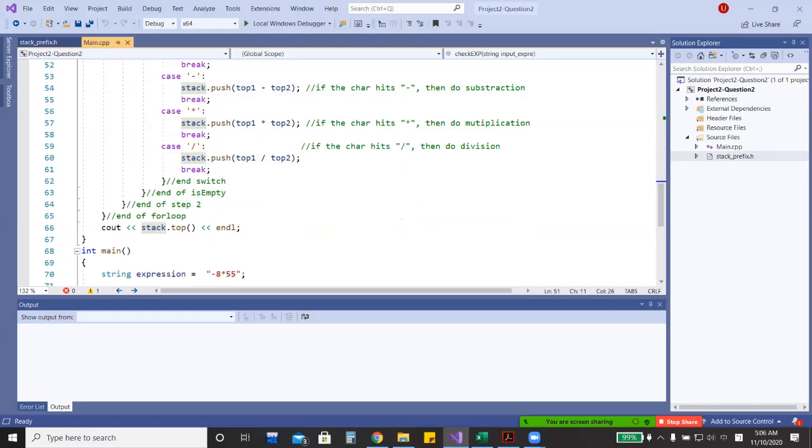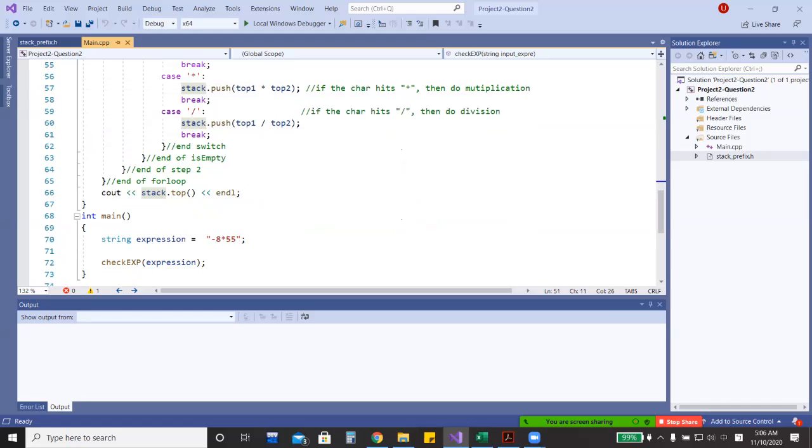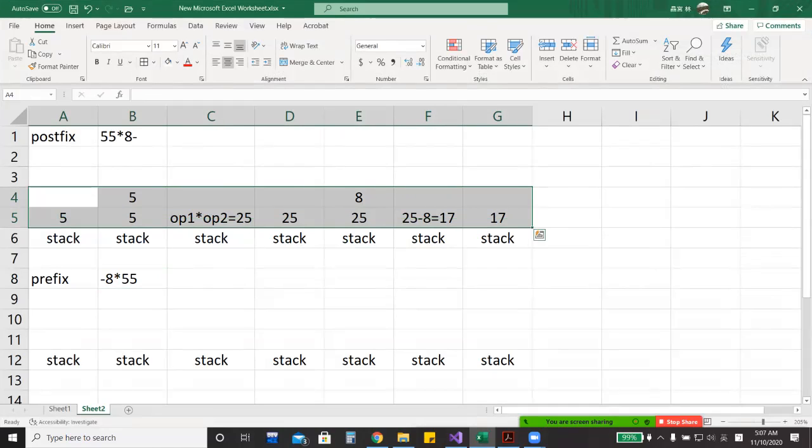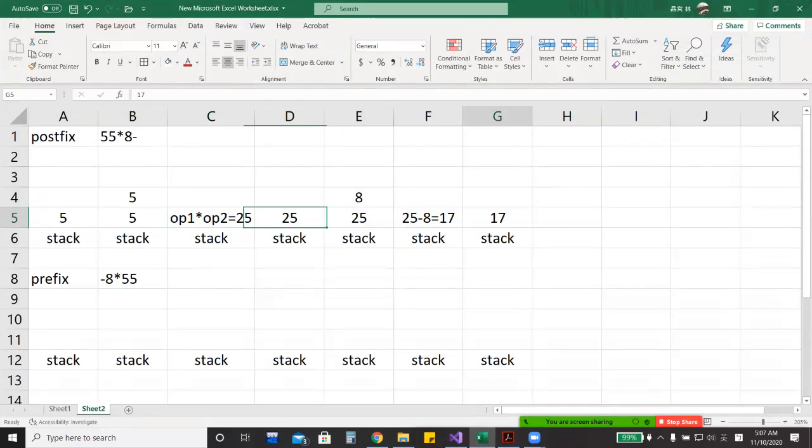After all of this, I will keep doing the same thing. It reads backwards, but we just keep doing the same thing as postfix does in the stack, so eventually we will get the same value of 17.